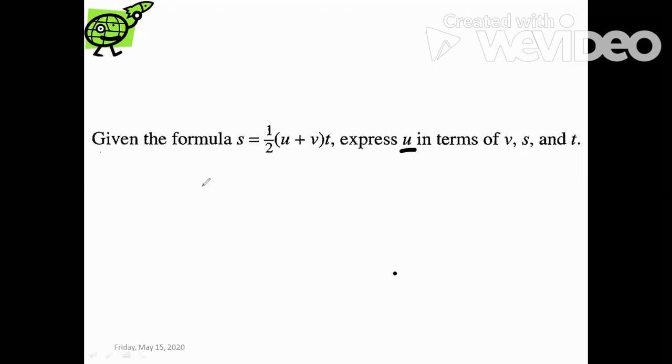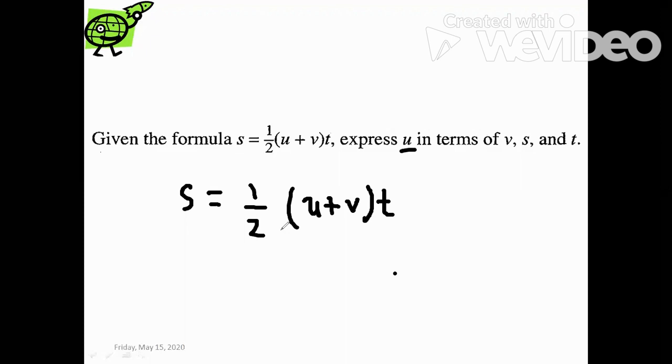Honestly, there are so many approaches to this question, but I'm going to take another approach. Now, if this 2 wasn't here, life would be really easy. Not true?